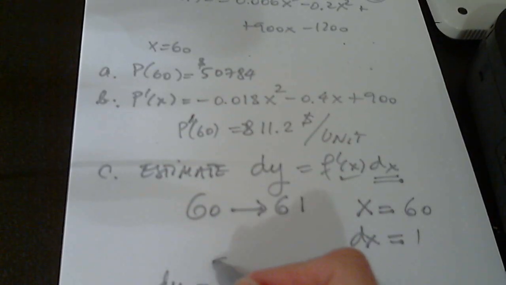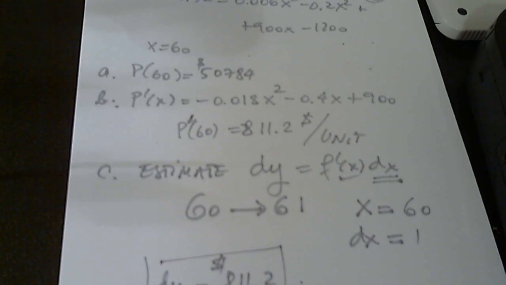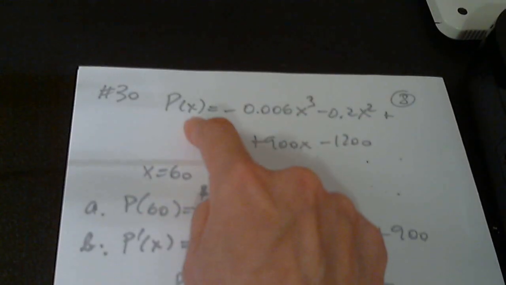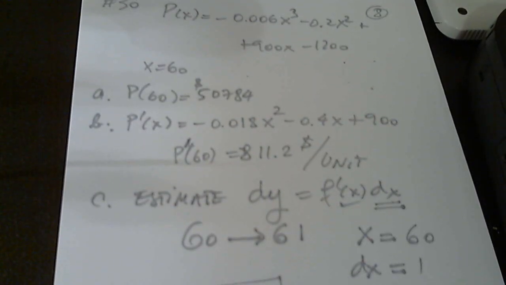So then dy equals f prime of x, and this is dollars per unit, times dx, which is 1. We simplify the unit, and this is the estimate in the change in the profit. So the profit goes up by 811.2 if we move from producing and selling from 60 to 61.